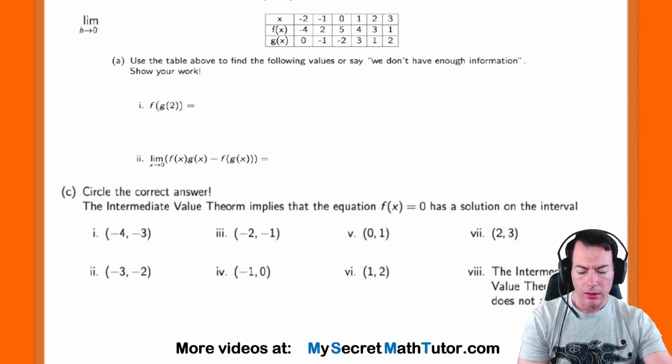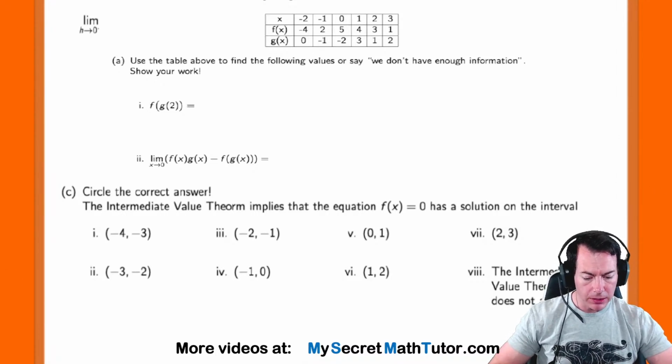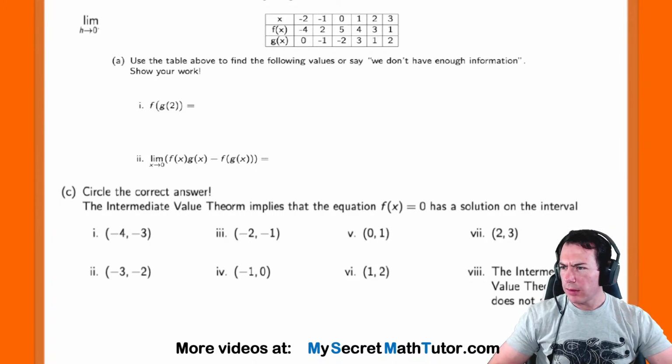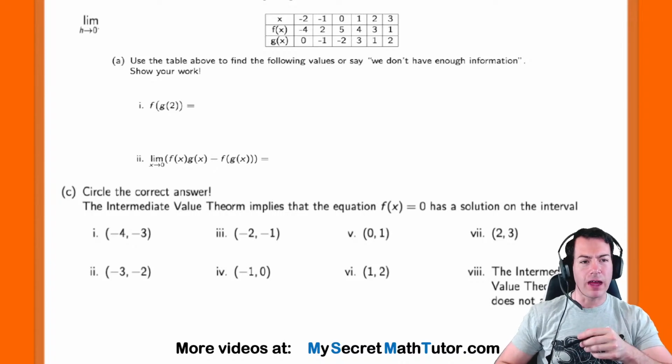Part C. This one says, circle the correct answer. The intermediate value theorem implies that the equation f of x equals 0 has a solution on the interval. So let's see, f of x equals 0. Oh, okay, so we know that f is a continuous function, and we have various different values in our table for f.